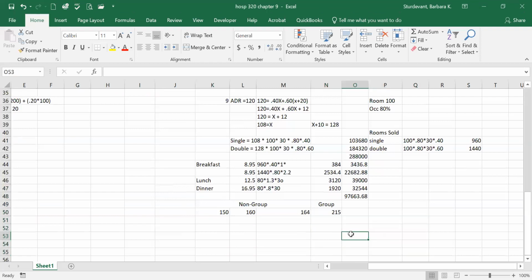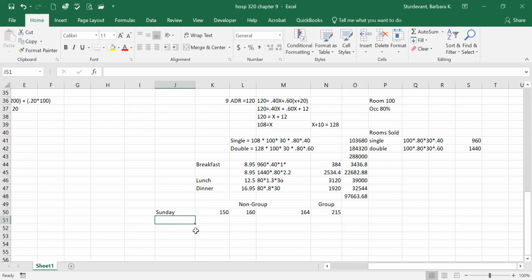Okay, we're using the rooms sold to figure out the number of people that are going to eat. That's our goal. These are from the last 3 weeks.